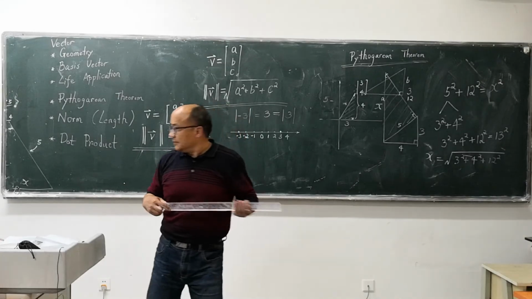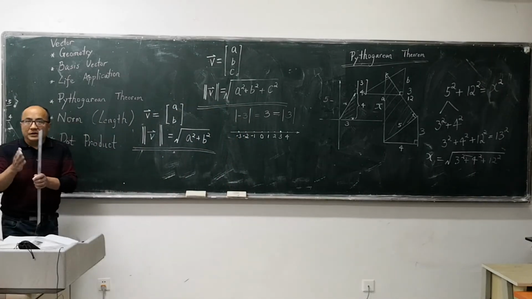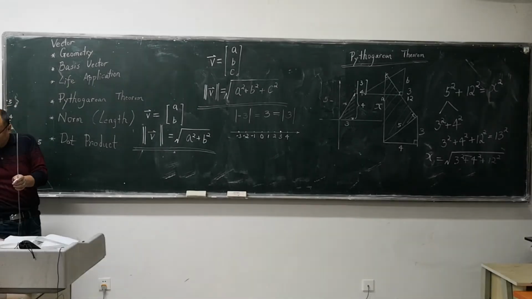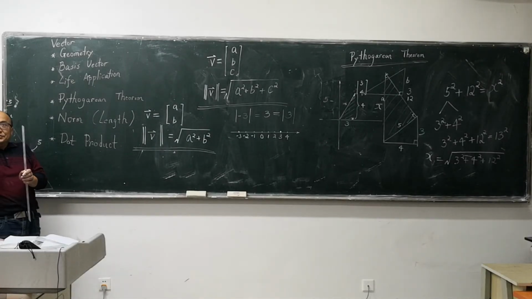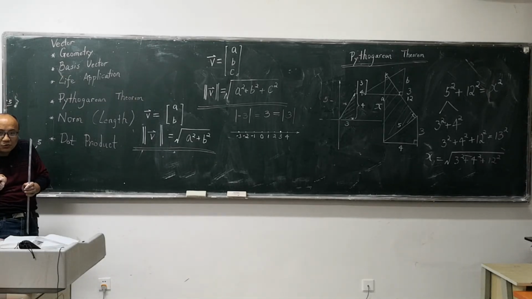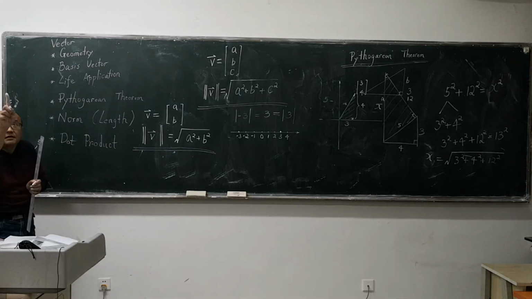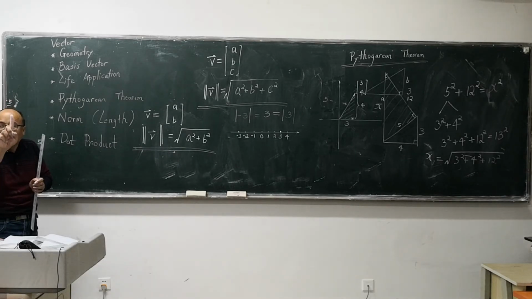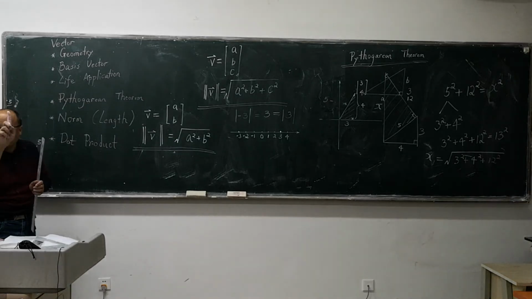Now this triangle is lifted up. That's the hypotenuse. From here to there is one right side. From there, go straight up is another right side.